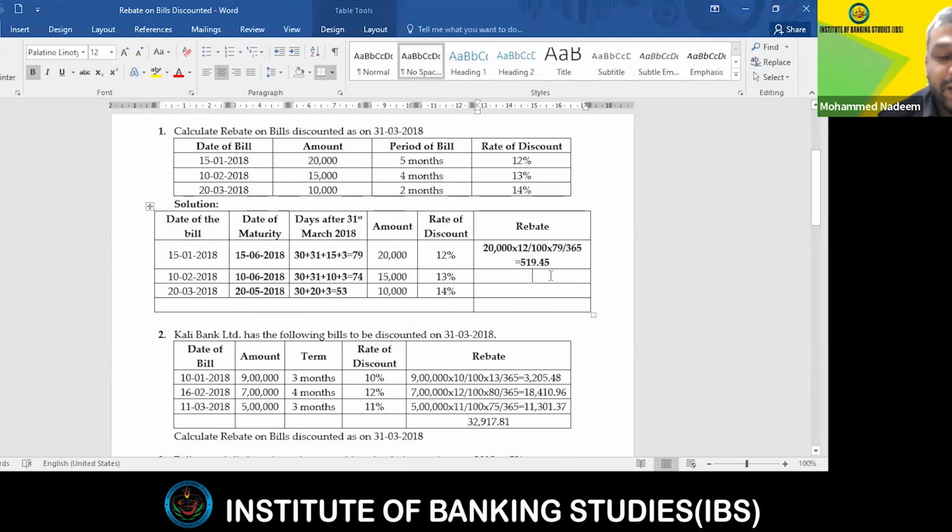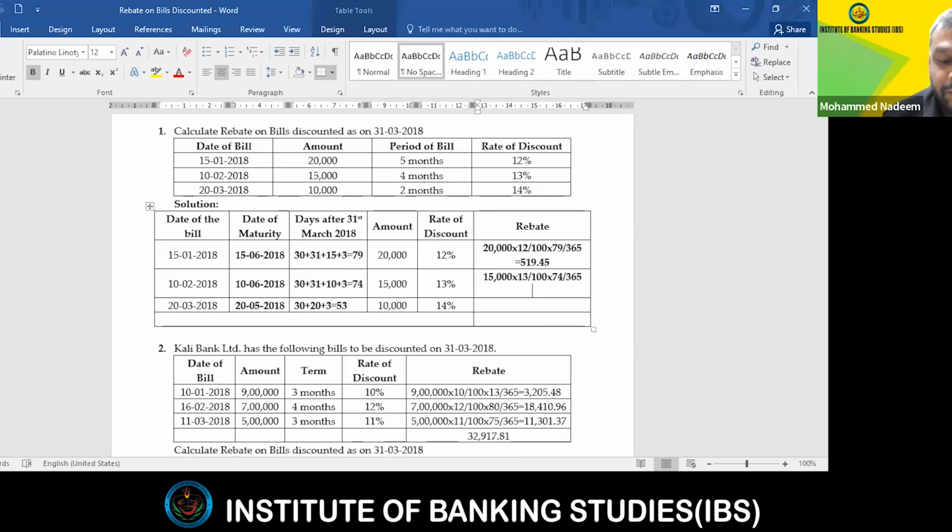Next, you see that is 15,000 into 13 divided by 100, into 74 divided by 365. How much is coming? 395.34.